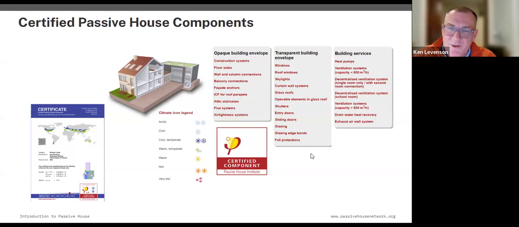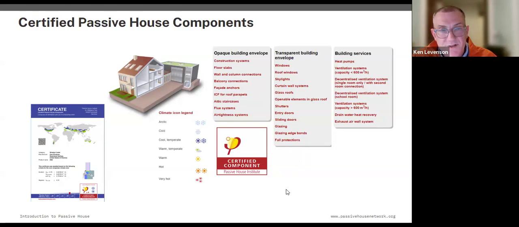You don't need to use a certified component to do a passive house, but the certified components are another kind of thing that makes it easier. All along the way, in terms of designing and building a building, there are going to be decisions you make that are going to make it harder or easier to hit the performance goals. And you kind of have to juggle what's the right mix to make it all work.